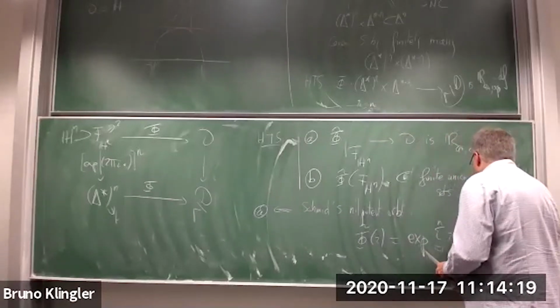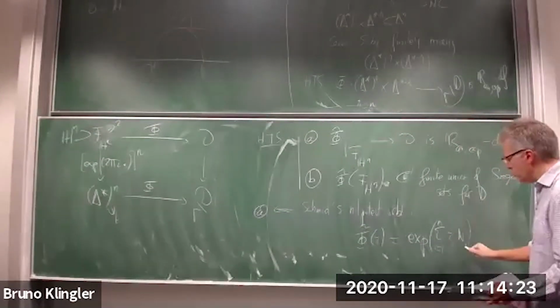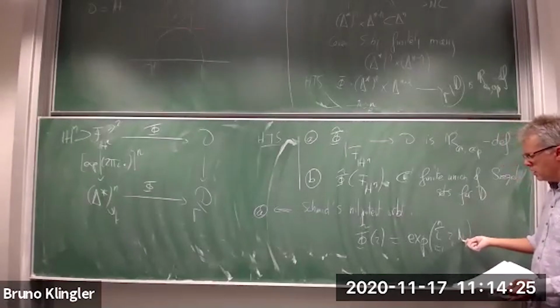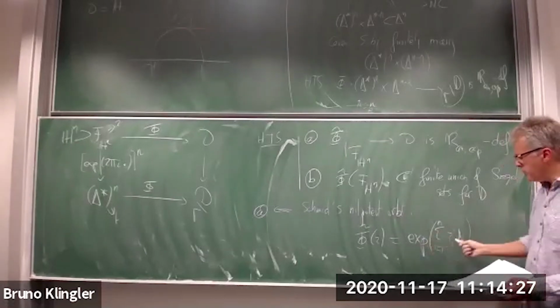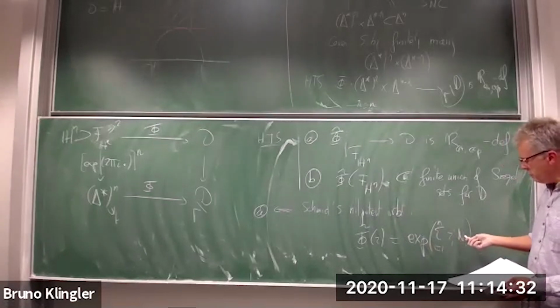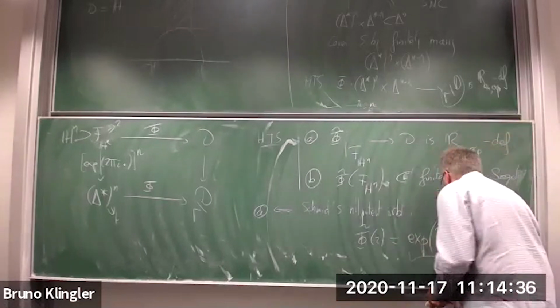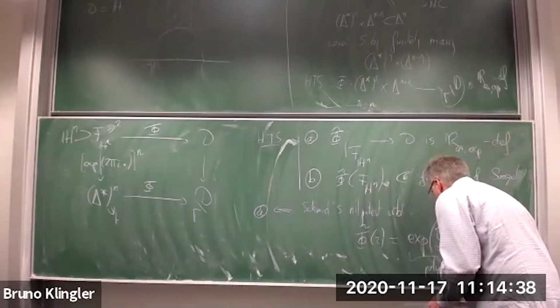The N_i are the logs of the monodromies, and the monodromy at infinity is unipotent, so those are nilpotent matrices. You should be frightened by the exponential because there is a complex variable, and this is certainly not definable, except that because N_i is nilpotent, this is in fact a polynomial. So we are good with this.